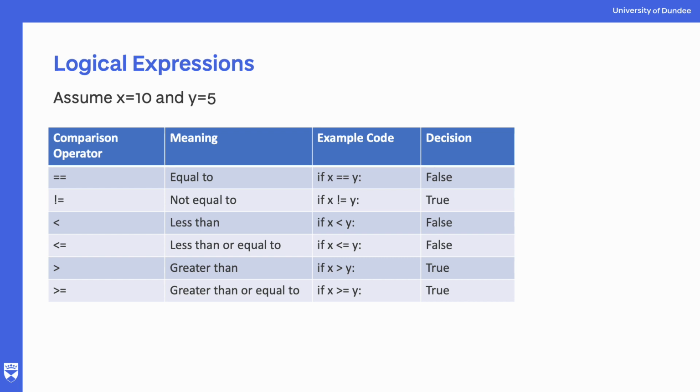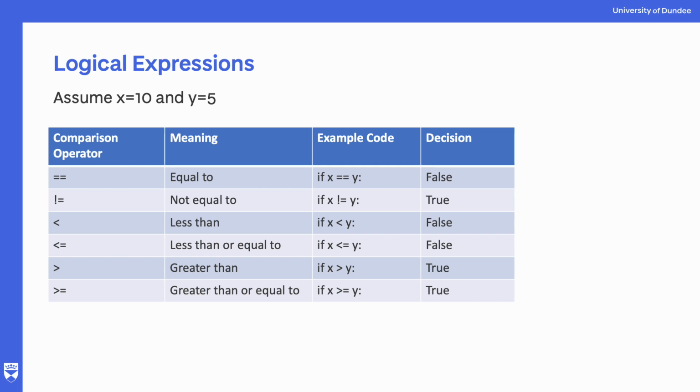No, that's false. Same if I'm saying less than or equal to: is 10 less than or equal to 5? No, false. The opposite, however, is true. If x is greater than y, I'm assessing, is 10 greater than 5? Then true, which means that whatever happens inside the scope of that subsequent code will be run. Same, is 10 greater than or equal to 5? That's true.